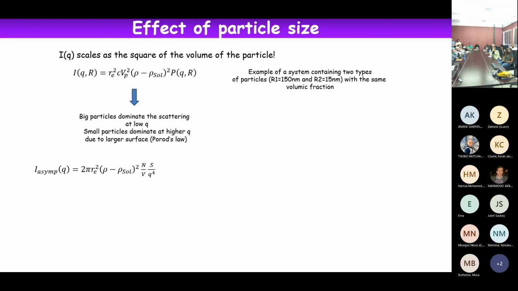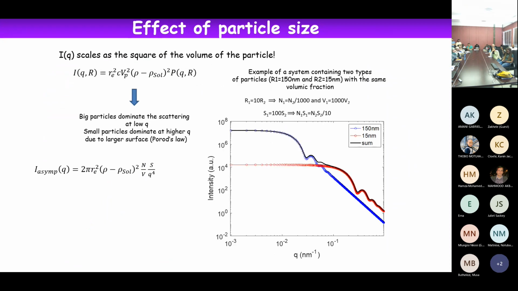It's also interesting to comment here. If you mix 2 types of particles, one which is 150 nanometer in diameter, and one which is 15 nanometer in diameter, what's going to happen?